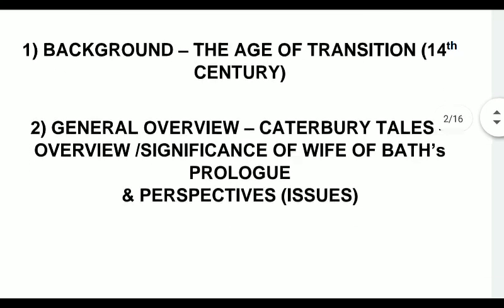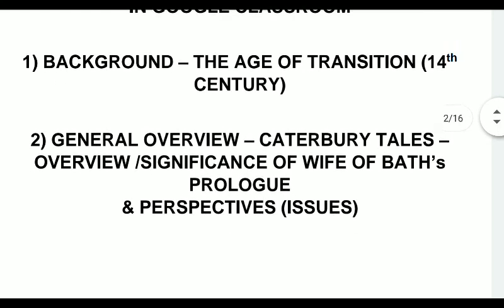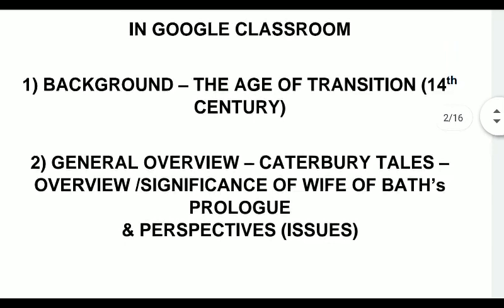And the second PDF which I uploaded recently was about a general overview of the Canterbury Tales. Why Canterbury Tales as a work of English literature has its special significance, about the Middle English language, how it developed, how it represented a cross section.